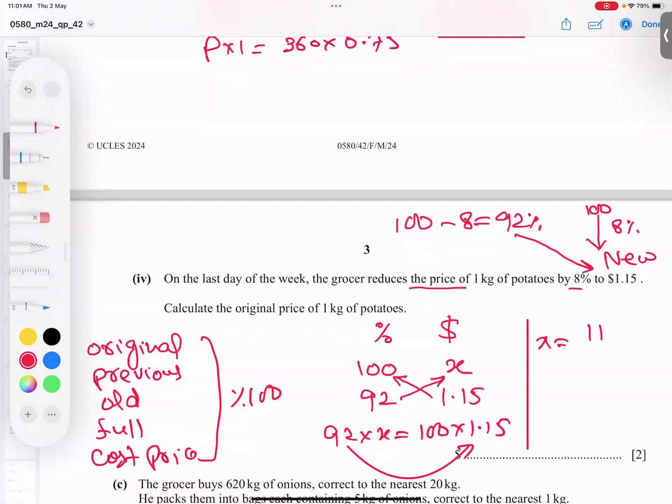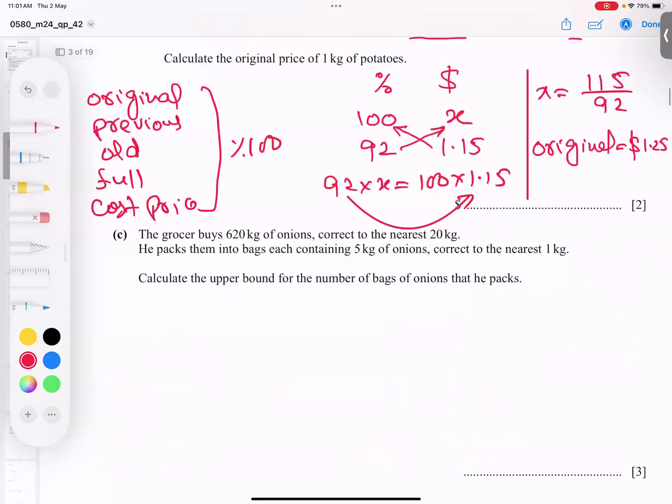If you want to do it manually, it is like this, and if you want to use a calculator, you can type it in the calculator, no issue at all. The answer I'm getting here is 1.25. So the original price is $1.25. I hope you got the point. So let's go to the next.